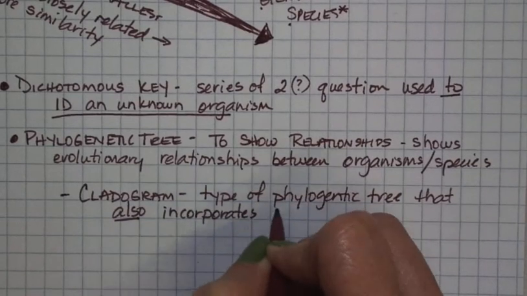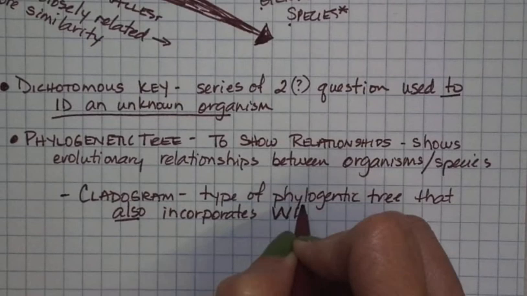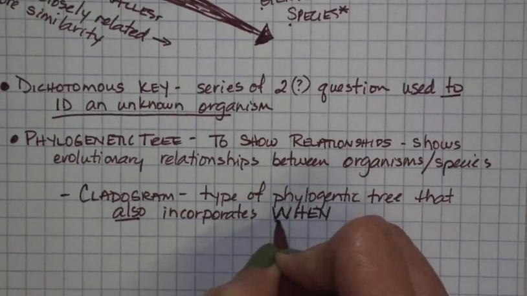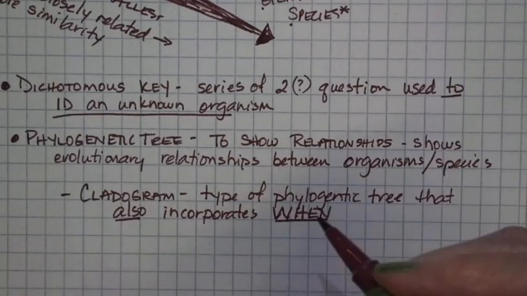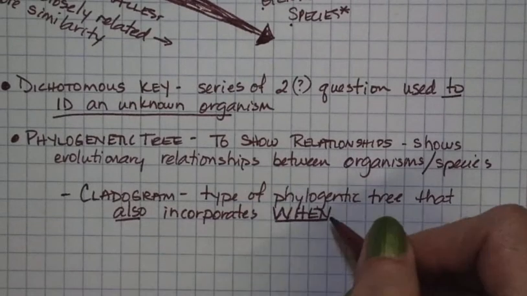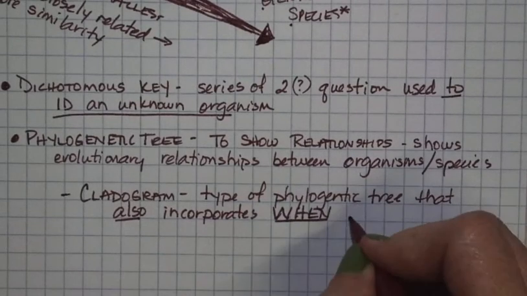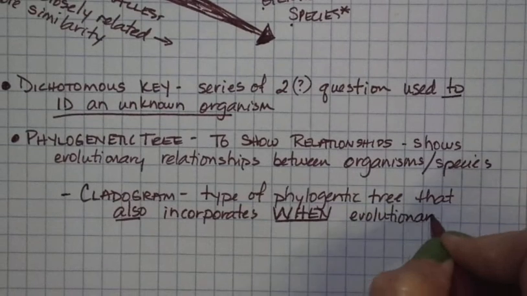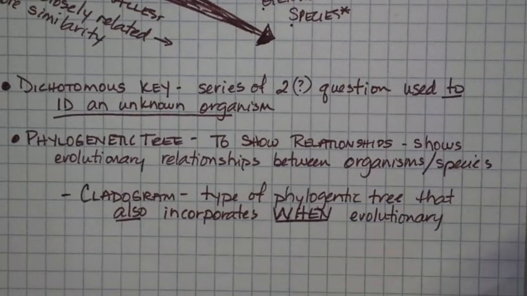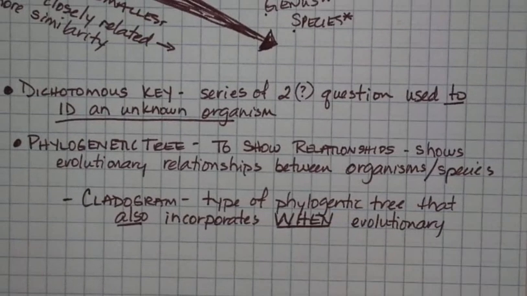So how far back did that evolutionary branch arise? It incorporates when the evolutionary branch arose. Sometimes the terms right now don't mean a lot to you, but we'll be working on these with the pages that we're working on, in class and online. When I give you a video to watch, you need to make sure you watch it, because you're not just going to understand this stuff by listening to one little set of notes here.